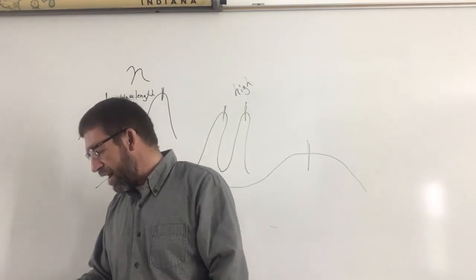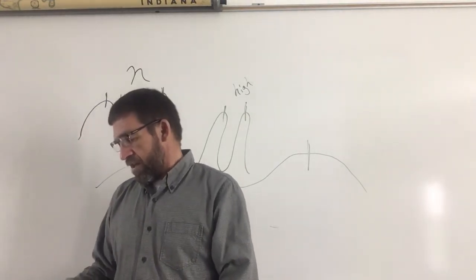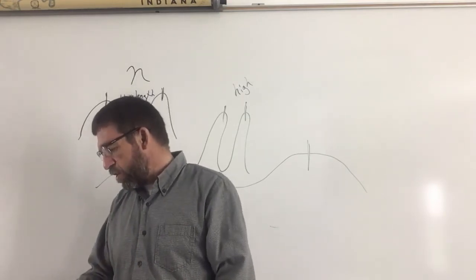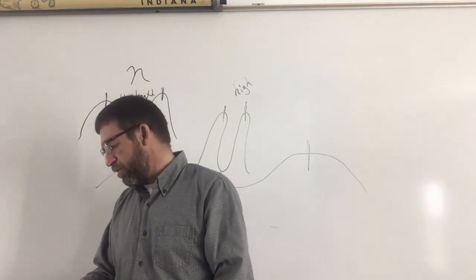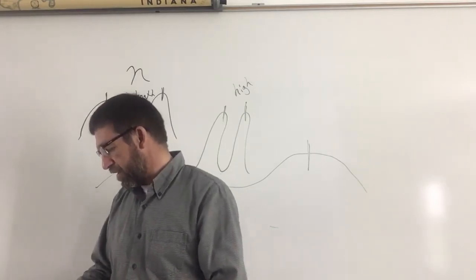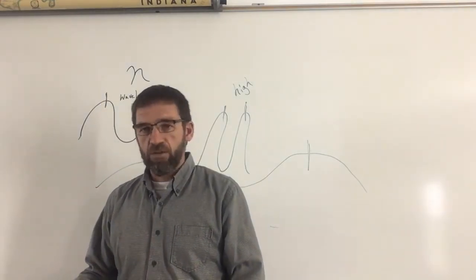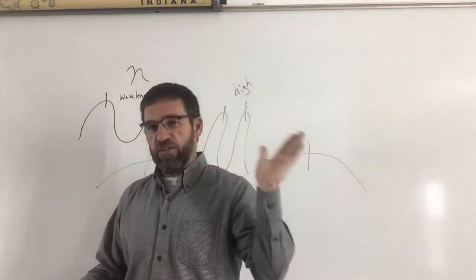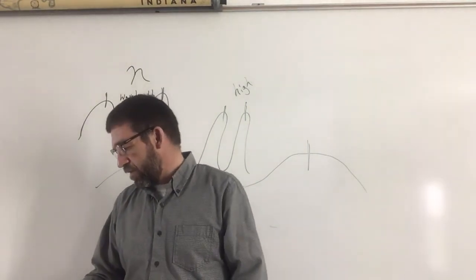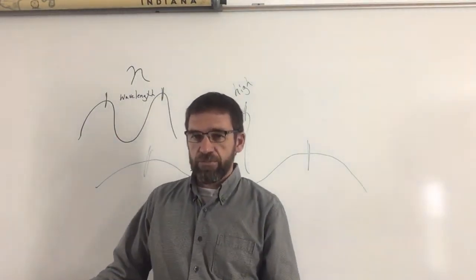Waves of frequency higher than 20,000 hertz are called ultrasonic waves, and waves with frequency below 20 hertz are called infrasonic, if I can say it, waves. The only difference between the waves is their frequency. Okay, it's how fast they hit. That's the only difference in ultrasonic and infrasonic waves.